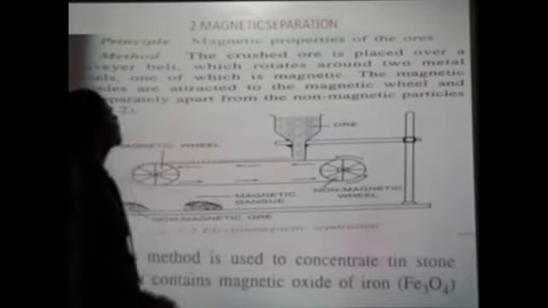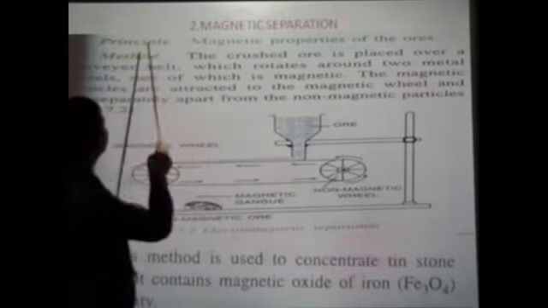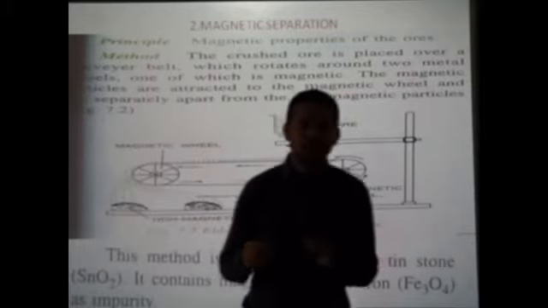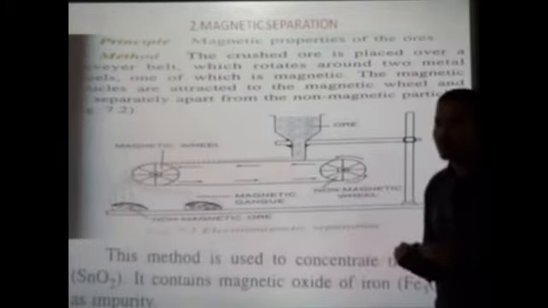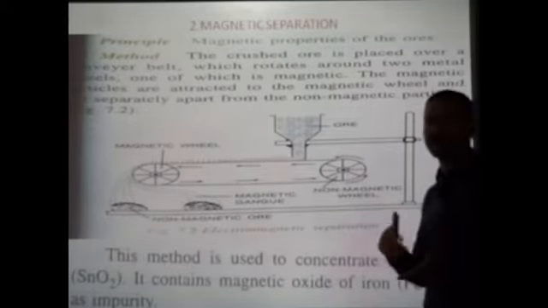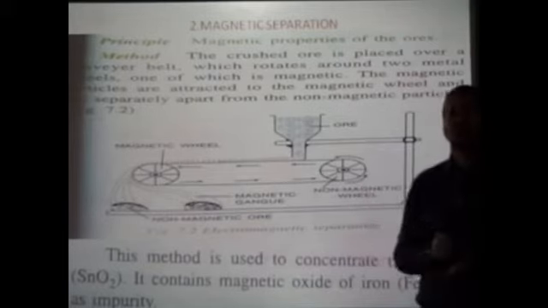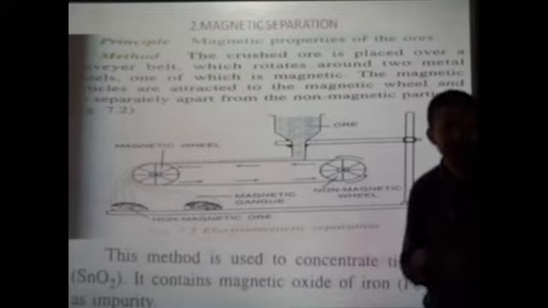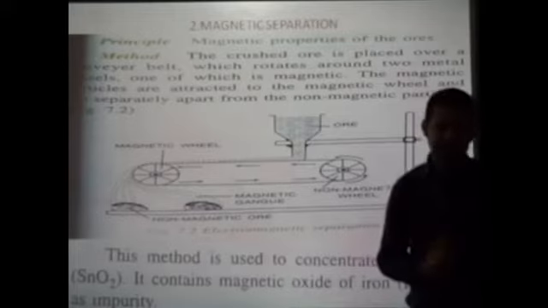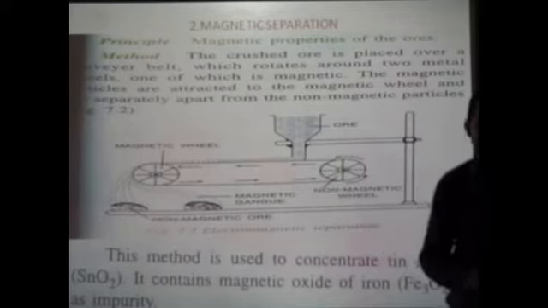On which principle does this separating method work? The principle is the magnetic properties of the ores. Here, impurities must be magnetic and ore must be non-magnetic.